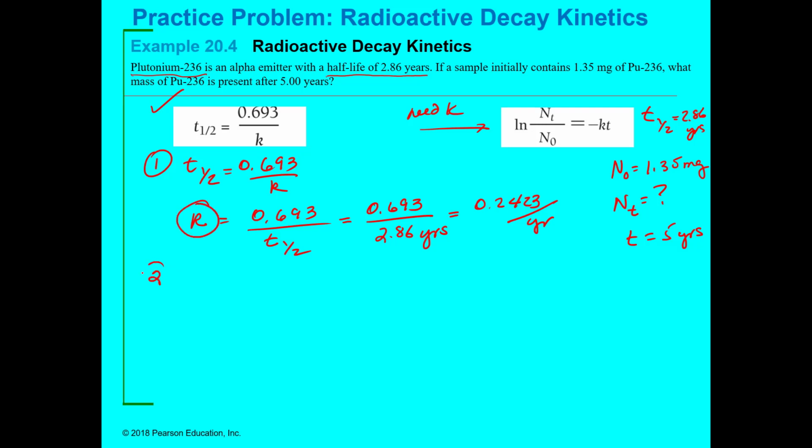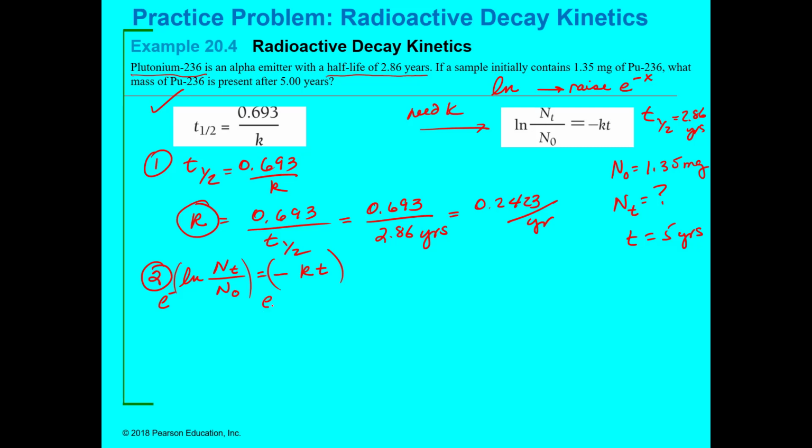So once I have K, I'm going to plug that into my natural log formula. So the natural log of NT over N0 equals negative KT. Now, if I have a natural log and I want to get rid of it, I have to raise everything, I have to put e raised to the power. So I'm going to raise this like that, see what I'm doing?